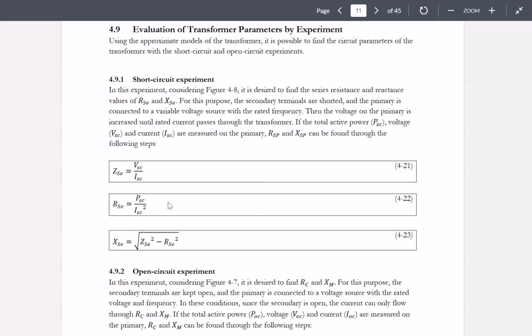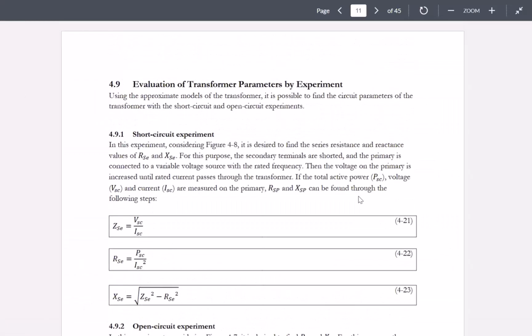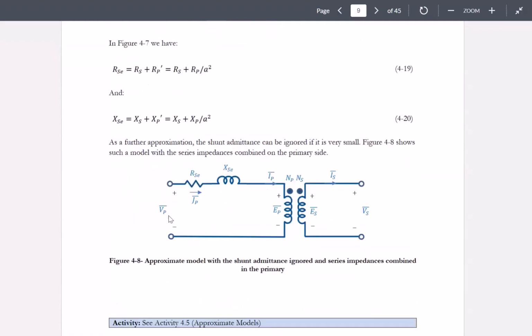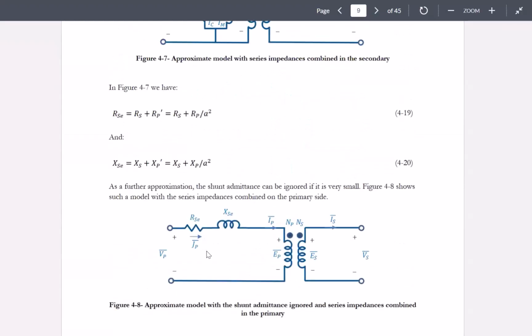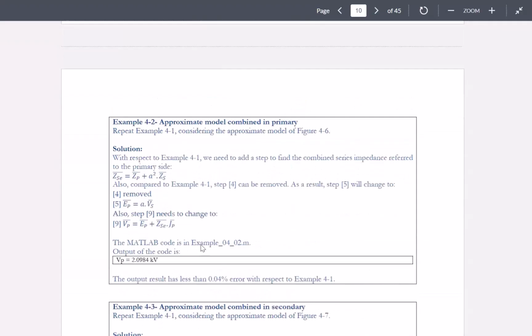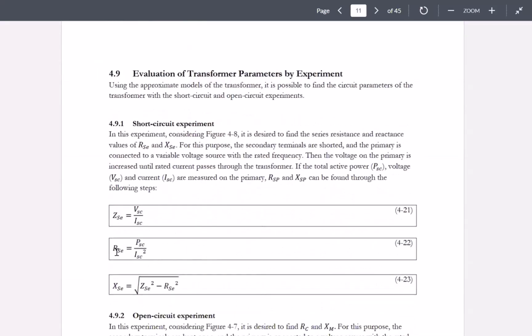And then also apply a watt meter here. Not only put a voltage source, but also put a watt meter and measure the watts. How much power is going to be consumed? That power has a relationship. The only element consuming power in the circuit would be this RSE, right? So the power would be RSE times ISC squared.